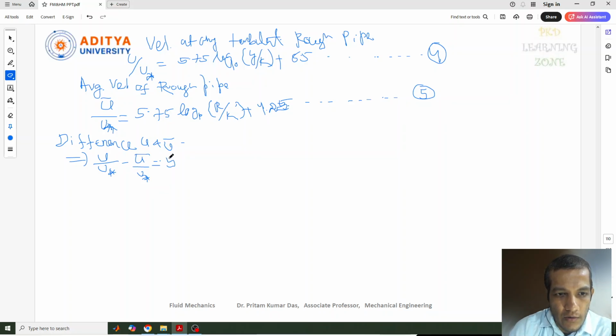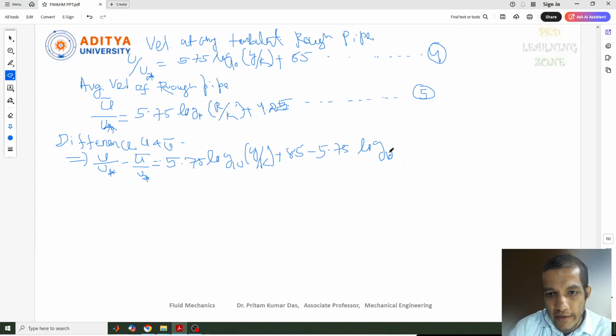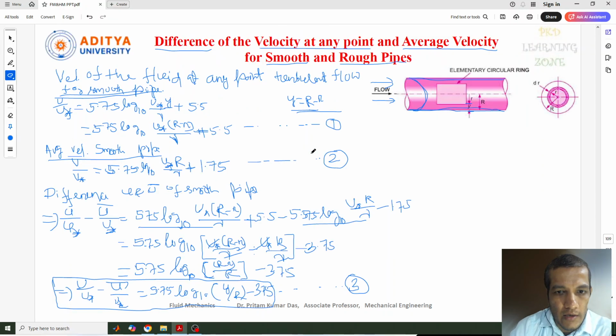See, 5.75 log 10 y by k plus 8.5 minus 5.75 log 10 R by k minus 4.25. Here one more thing, instead of writing this one, we can write u star in the denominator, and we can write u minus u bar by u star, and this equation we can write directly also.